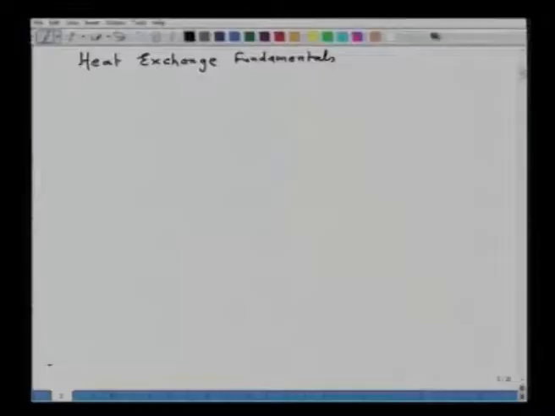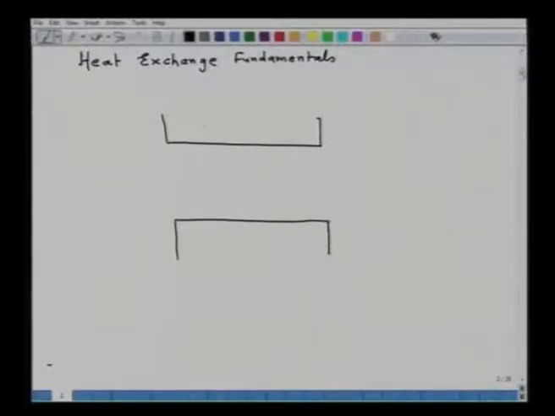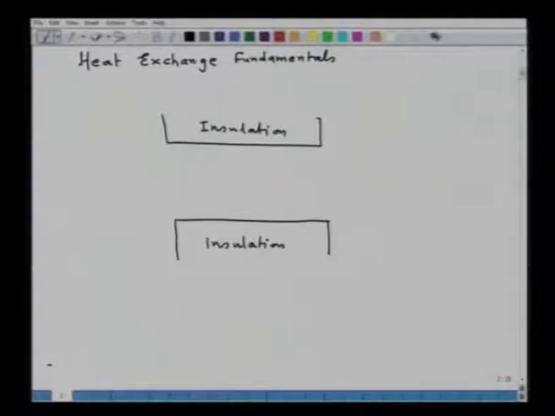Now, let us consider a heat exchanger. So, this is a heat exchanger. Here we have insulation, it is insulated, there also insulation, and the flow of hot and cold fluid is separated by a separating wall.